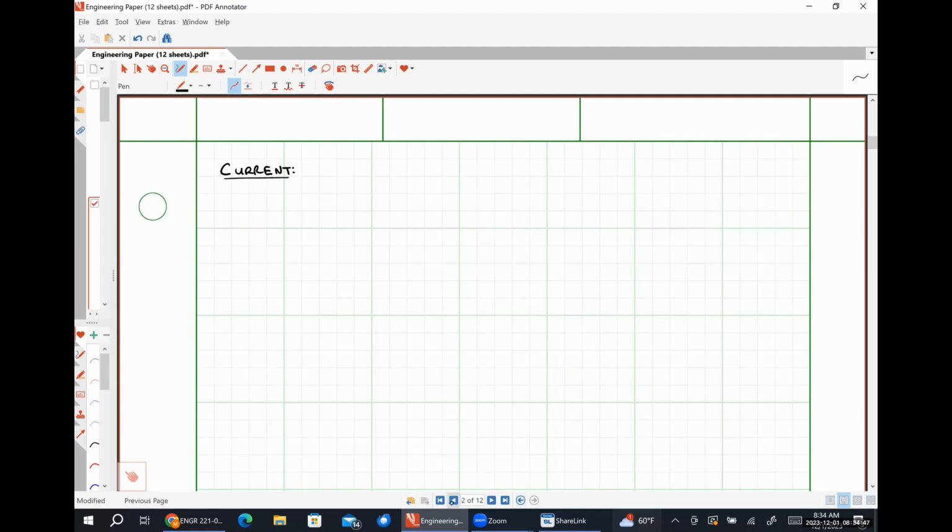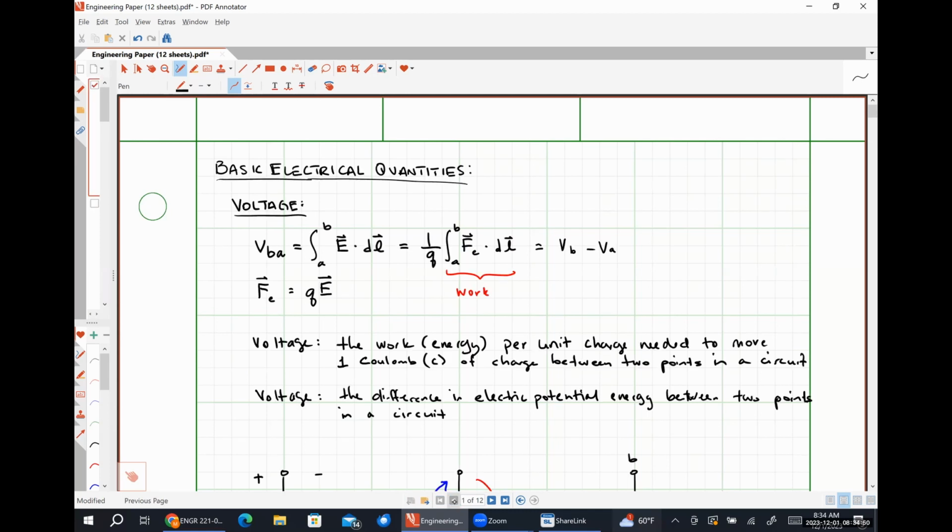Actually, I forgot something. Let's jump back here to voltage really briefly. I forgot to tell you guys the units, right? Probably pretty important since I'm harping on units so much. The unit for voltage, we can determine from our mathematical equation. So we know that work is measured in joules, and then we're dividing work by charge, which is measured in coulombs.